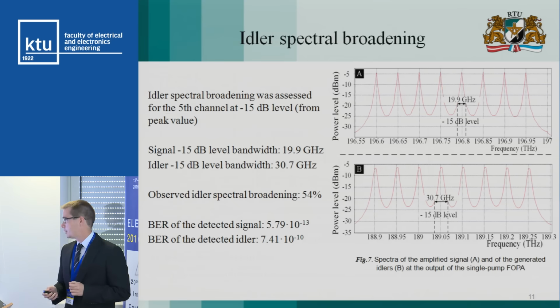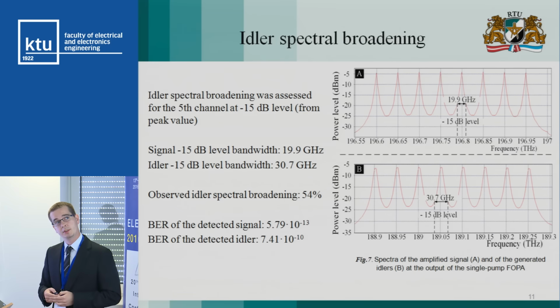The obtained results have shown that if we compare the signal at the output of the amplifier and the corresponding idler spectral component, the idler obtained 54% spectral broadening in respect to the initial signal. This resulted in all channels merging. This was detected at the minus 15 decibel level from peak value.